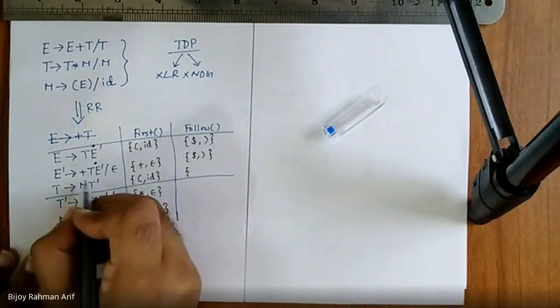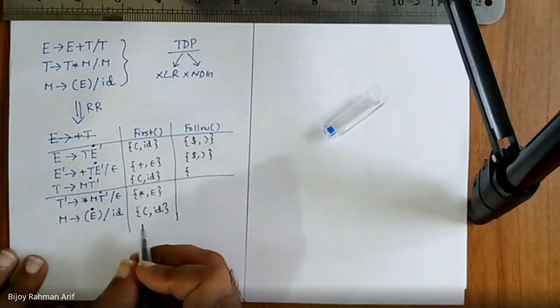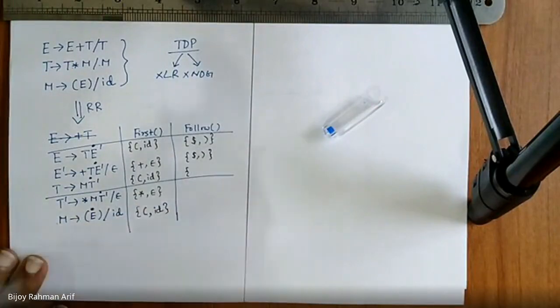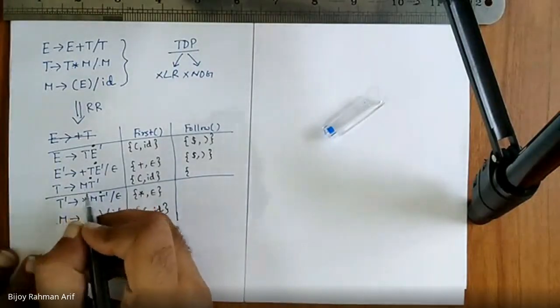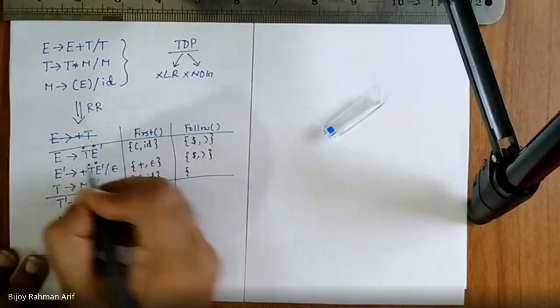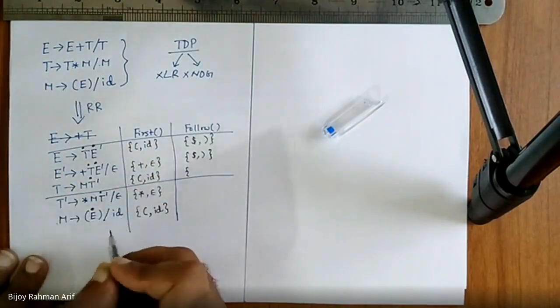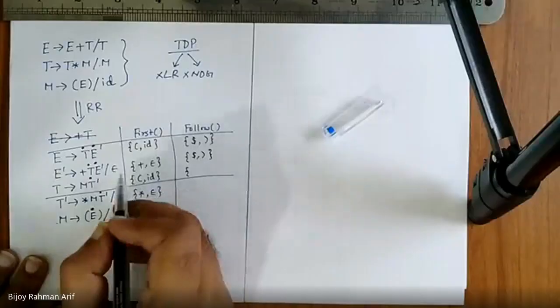E dash is appearing here and here. Let's find T first. T is appearing where? Here. Anywhere else? No. So what is follow of T? First of E dash. What is first of E dash?